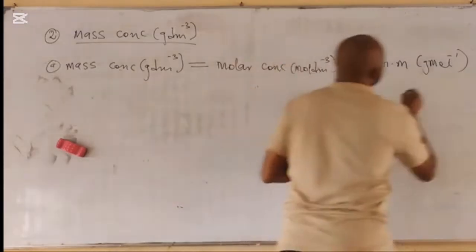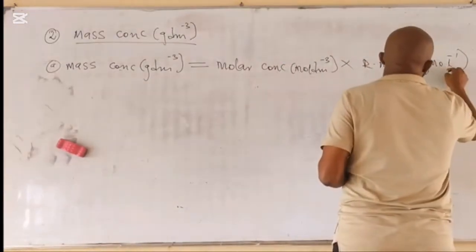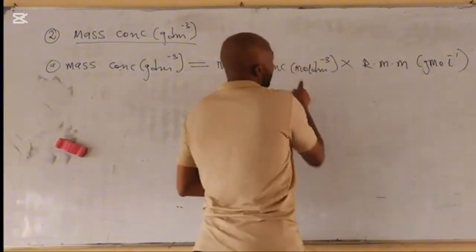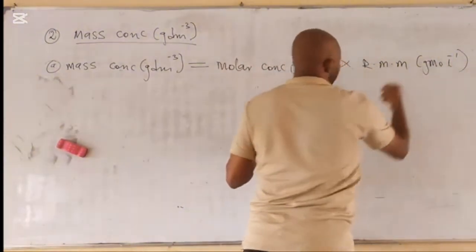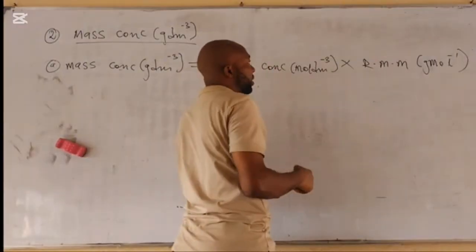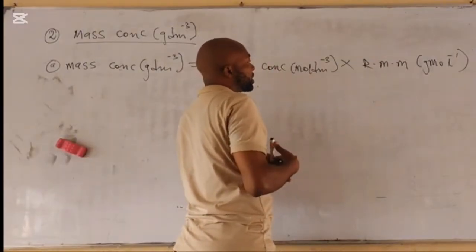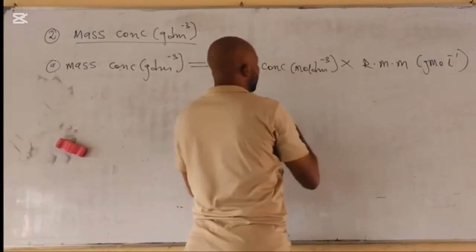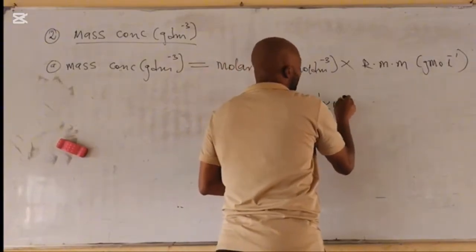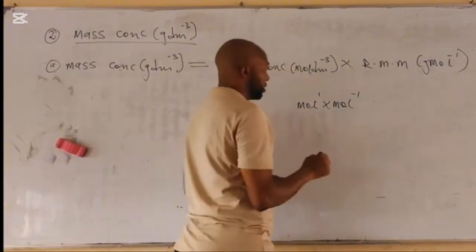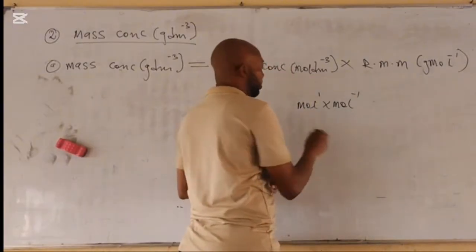Now, this is g per mole. Let's be clean. Mole and mole will go out. According to indices, you should remember when numbers with equal bases are multiplied, the powers are added. So this is mole raised to the power 1 times mole raised to the power minus 1, which says we should add their powers.